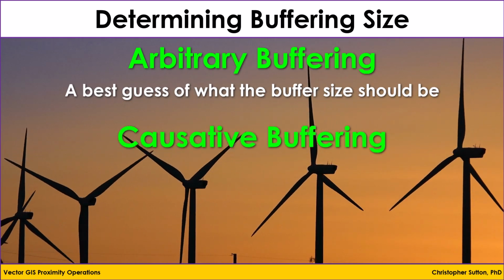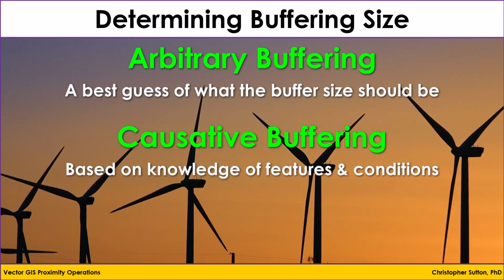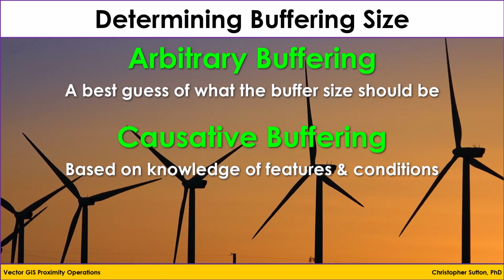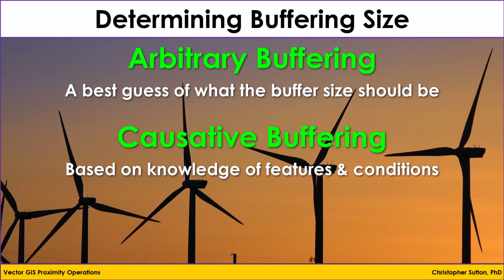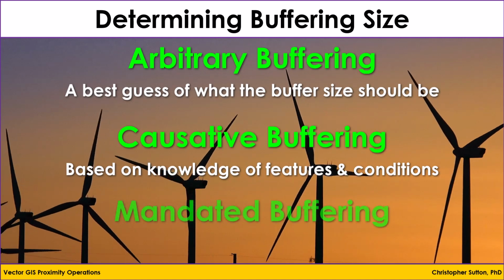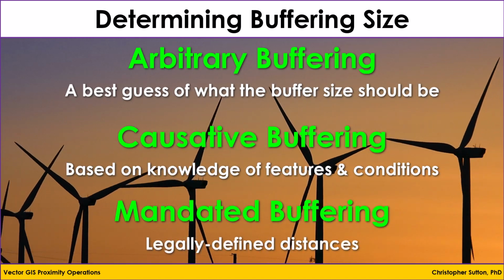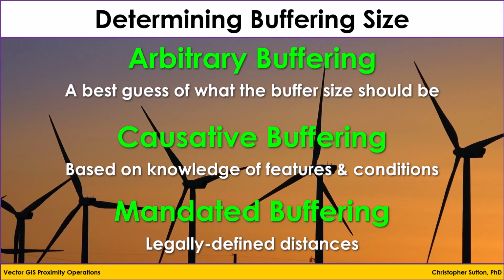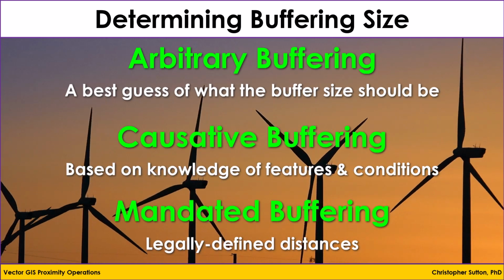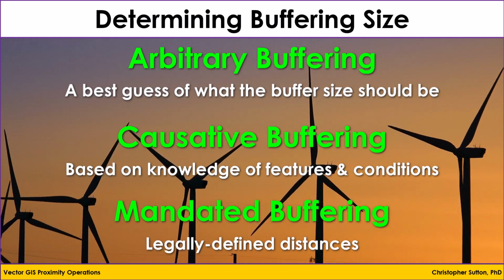Causative buffering is when we create buffers based on some knowledge of the landscape or conditions surrounding the features being buffered. Finally, there's mandated buffering, where standards for buffers are defined by federal, state, or local government agencies. For example, flood zones or sidewalk easements.